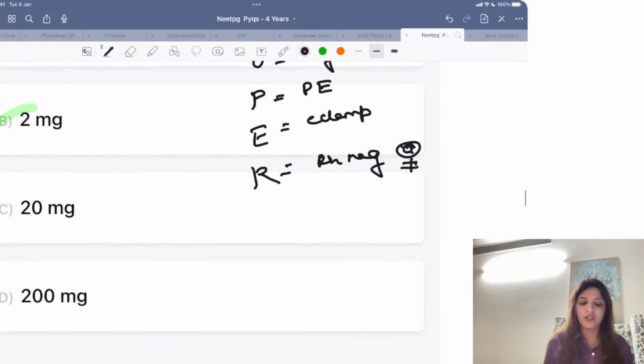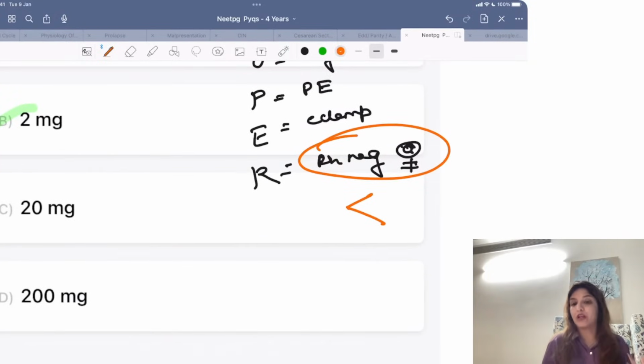Now, in RH negative pregnant females, if overall they ask what we do in RH negative pregnant females, you are going to say normally, which type of cord clamping are you going to do? Early cord clamping or delayed cord clamping? Normally in RH negative females, if the blanket question comes, you say we do early cord clamping.